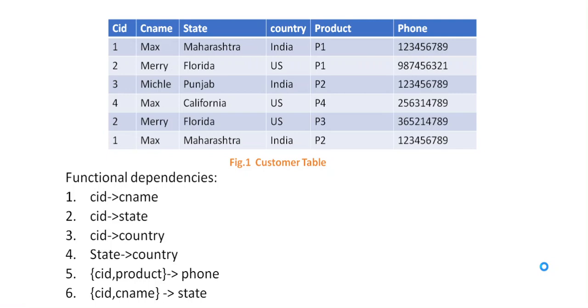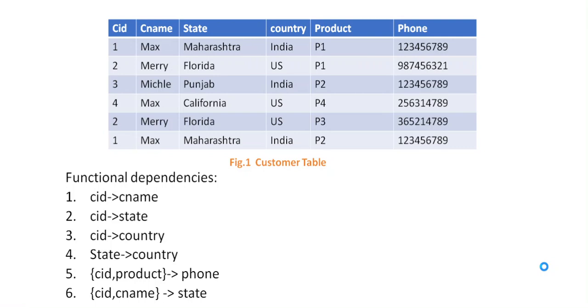Now take a combination of customer ID and product. If you say customer ID 1, product P1, there is one phone number. Now if you repeat this combination, customer ID 1 and product 1, the value of the phone number will be the same. So that is the functional dependency. See here, there is another row for customer ID 1.